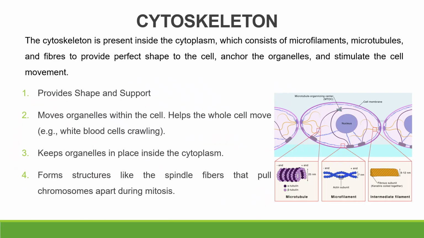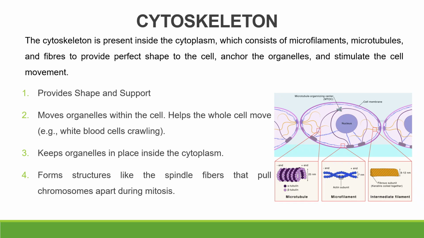It is a network of tiny protein fibers present inside the cytoplasm, made up of microfilaments, intermediate filaments and microtubules. You can think of the cytoskeleton as being like our human skeleton. First, it provides shape and support, helping the cell maintain its structure. Second, it helps in movement, not just of the whole cell, but also movement of organelles inside the cell.